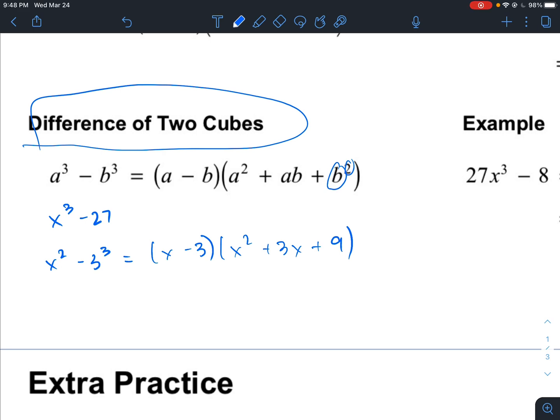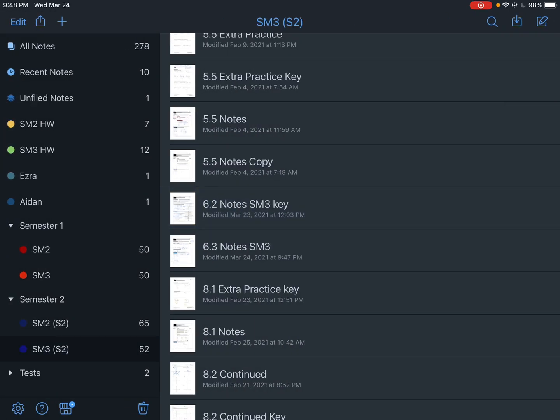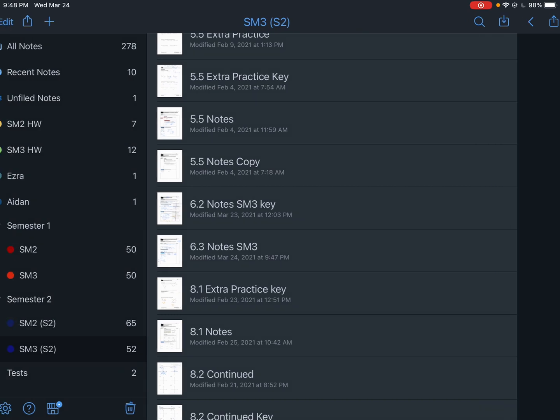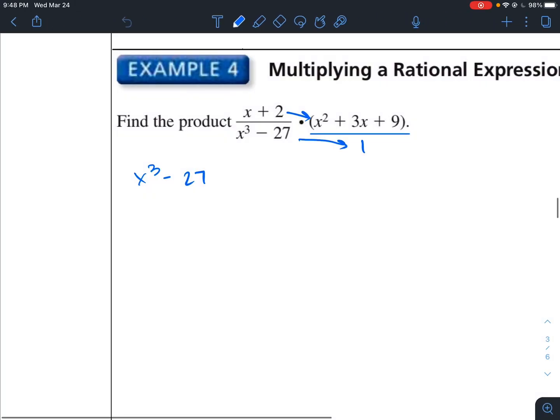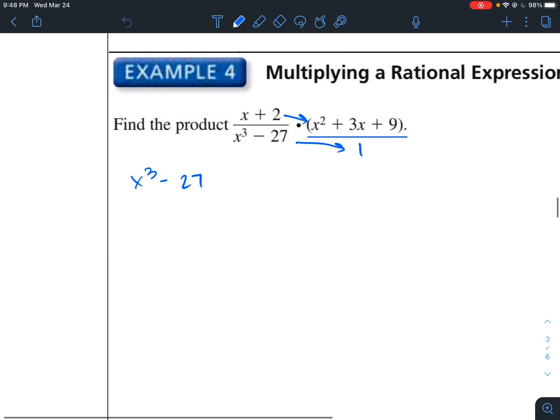Okay, so that's how we would get this expression. So factor x cubed minus 27.